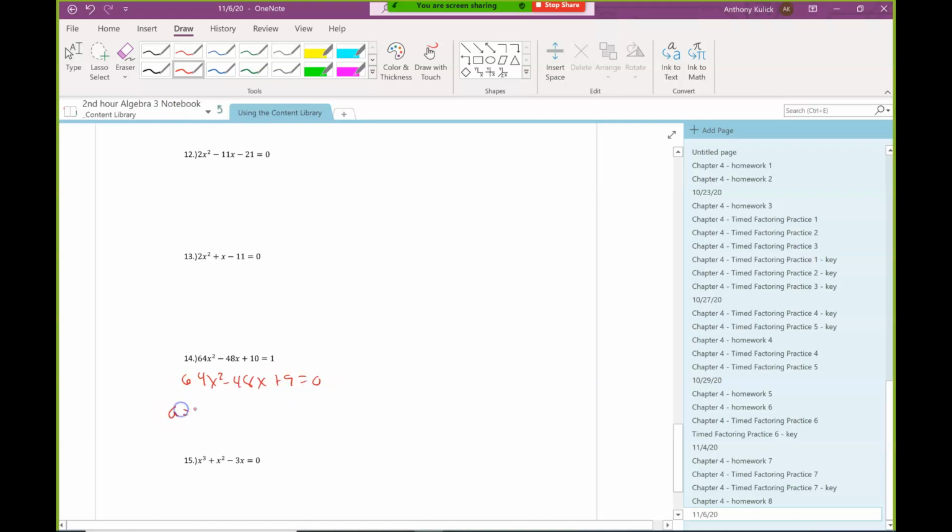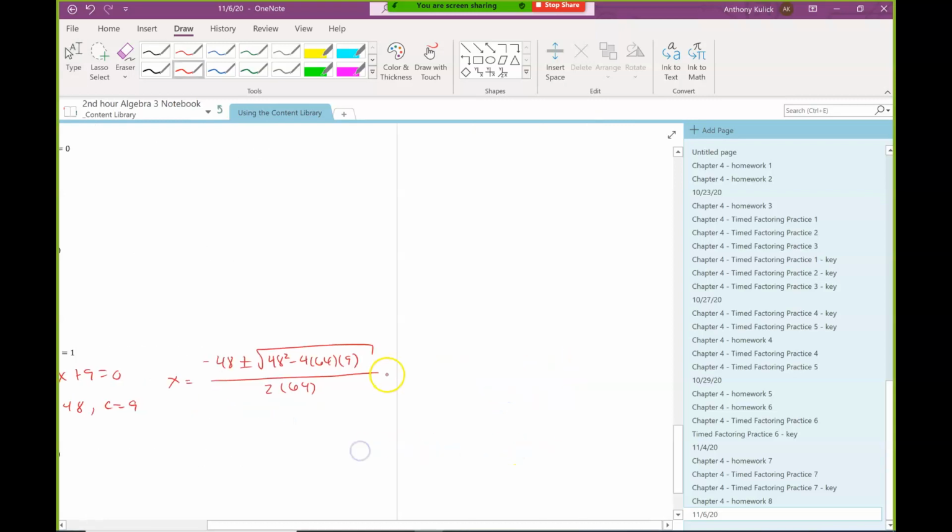And then I'm going to note the values for A, B, and C, and fill those in to the quadratic formula: negative B, plus or minus the square root of B squared minus 4 times A times C, all over 2 times A. And now I'm just going to be simplifying things down.